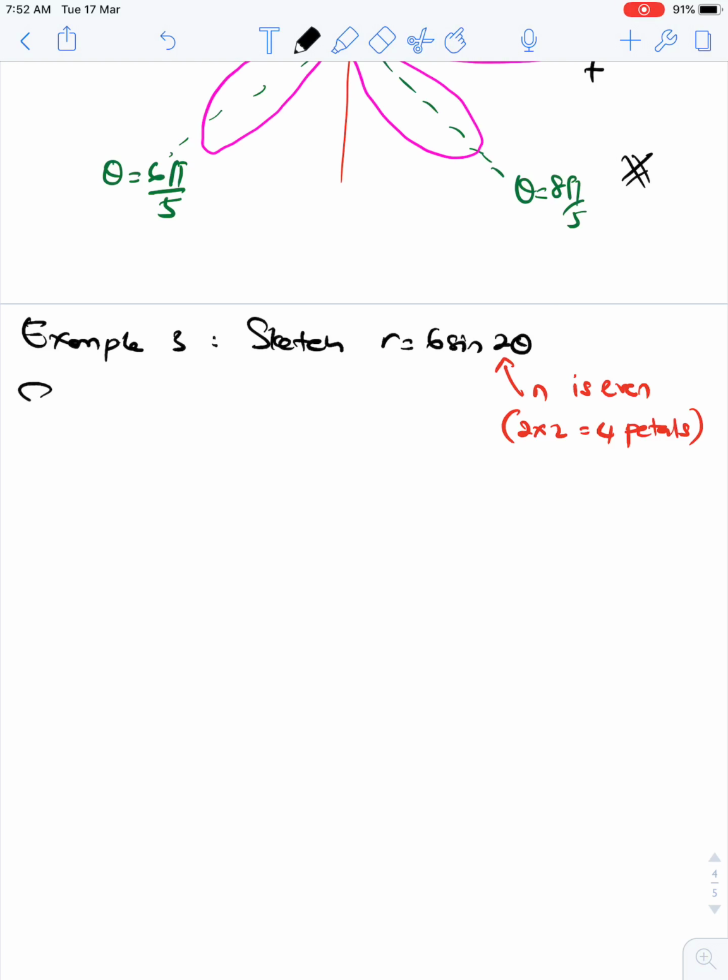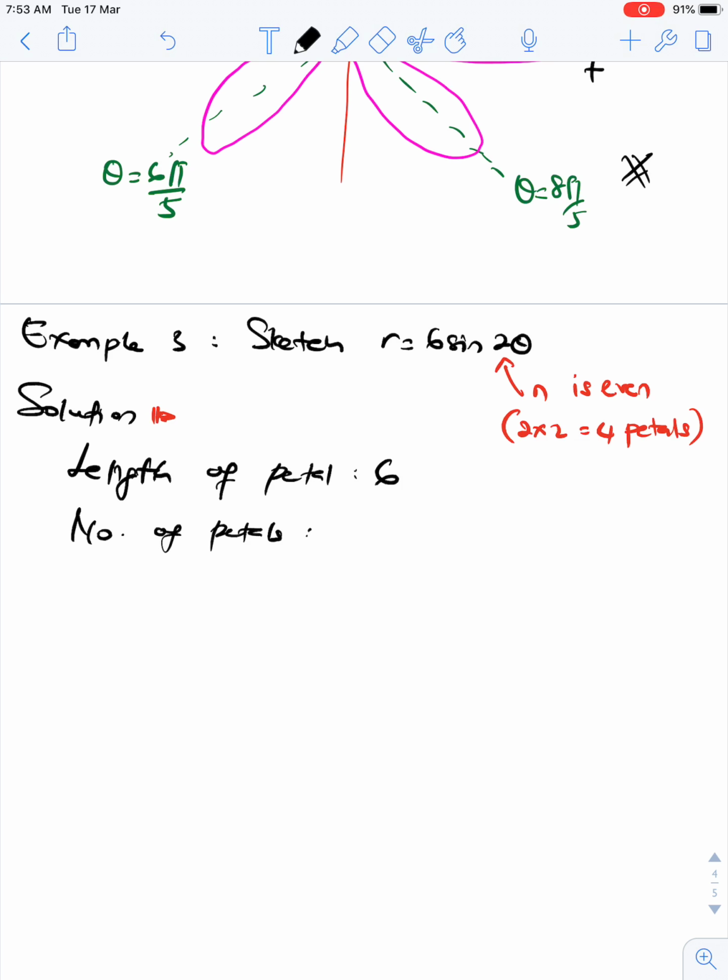So solution. Length of petal in this case equals 6, and then number of petals.